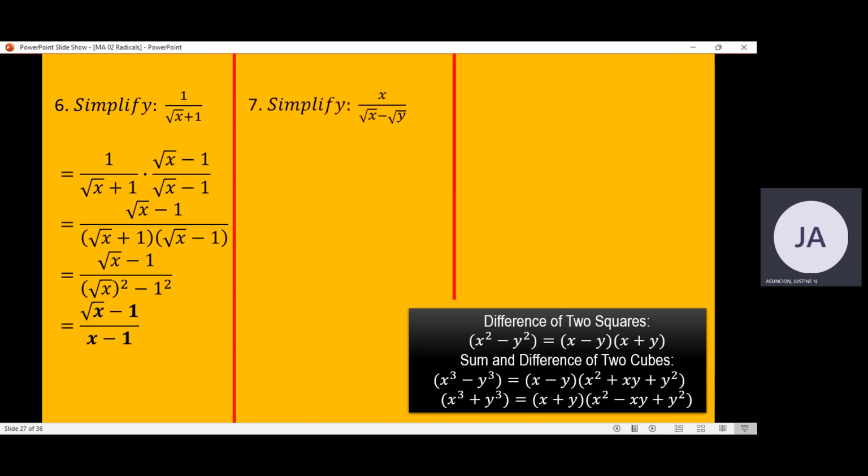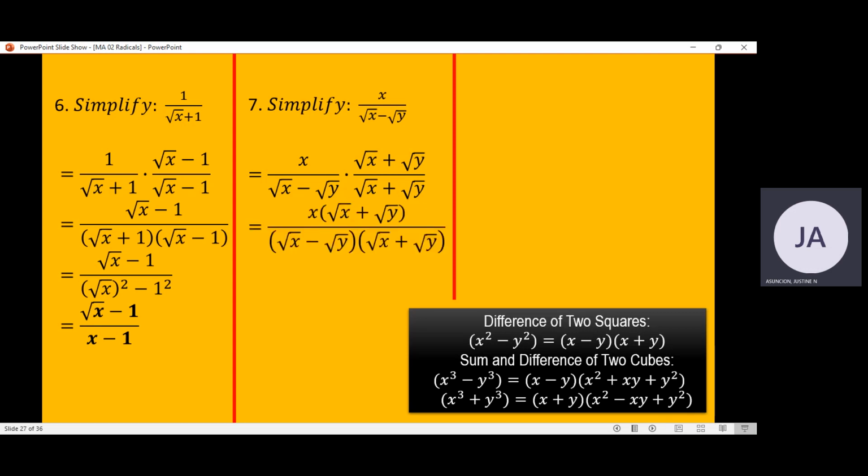Another one, x over the square root of x minus y. Again, if we use square root of x minus square root of y here, we cannot eliminate the radicals in the middle term. So let's apply again the difference of two squares. So square root of x plus square root of y. Simplifying that, we'll have x times the quantity of the square root of x plus the square root of y all over, and we have here the difference of two squares, right?